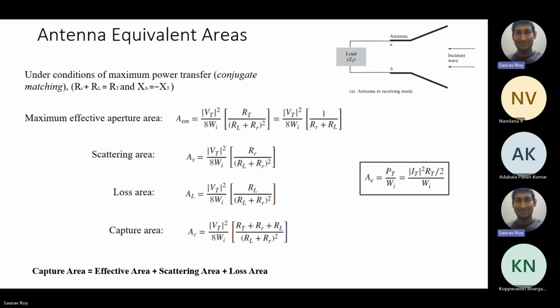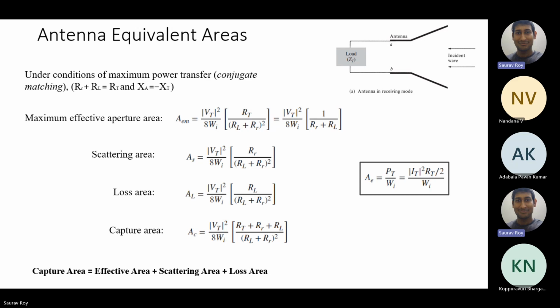Although the physical area is more than that, only some portion of the area leads to power delivered to the load. The rest is scattering area. Out of the whole physical area of the receive antenna, some will lead to scattering or re-radiation, and that gives this area. Loss area is where the loss happens in the antenna itself, conductive and dielectric loss.